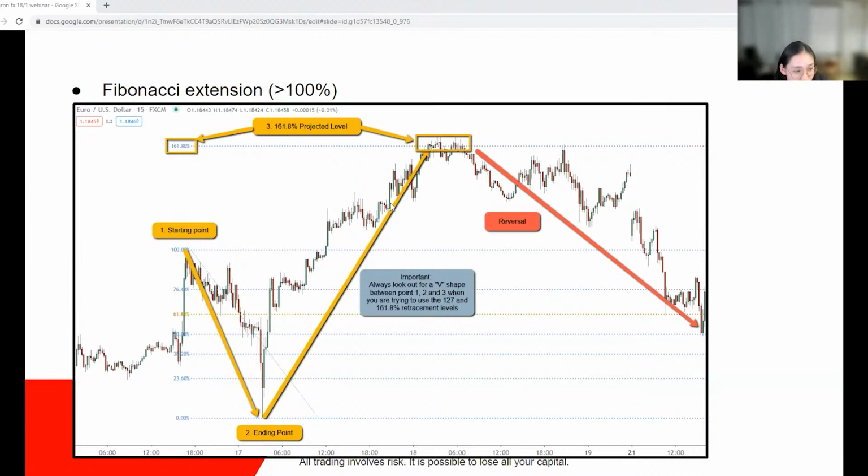It could reverse off of the level or it could go up. In this case, we know that it went up. So after it breaks through the 127 level, then we can go in for the trade at the 161 projected level. I hope that helps to clear things up.